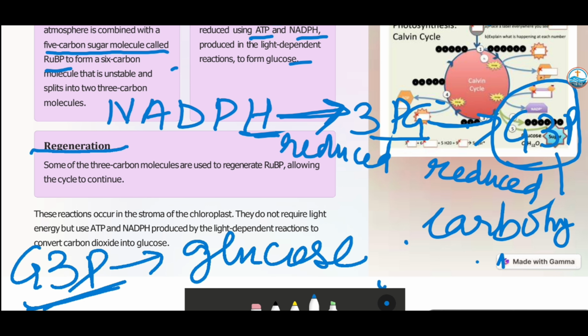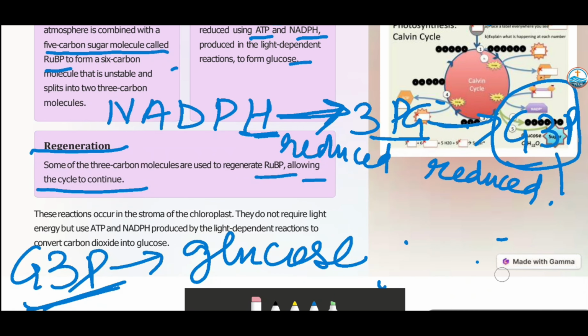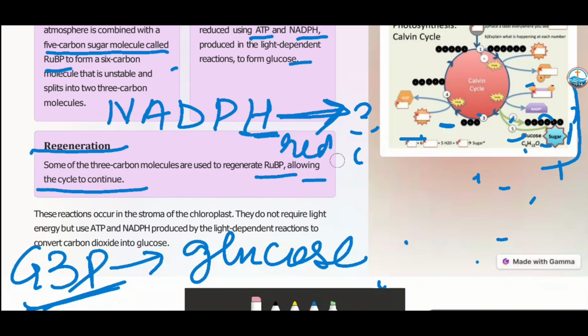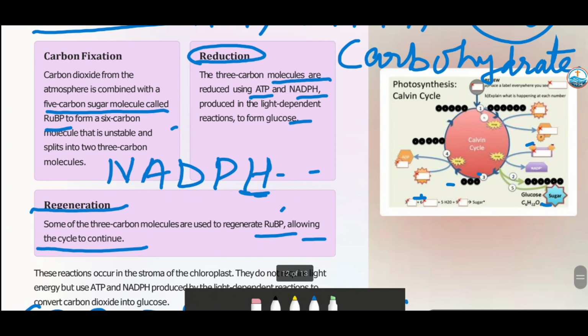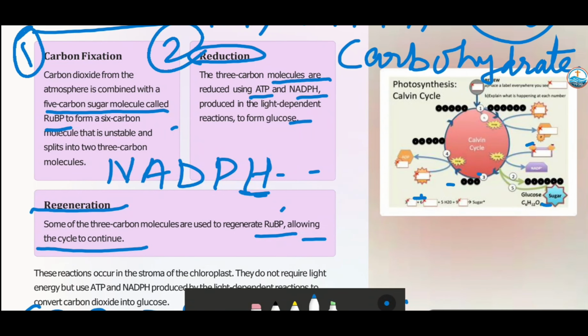Here some of the 3-carbon molecules are reduced to RuBP again, for the cycle to continue. All right, so you can make it somewhat like this. Just give me one second, children. In short, first is carbon fixation, then reduction, and then regeneration.